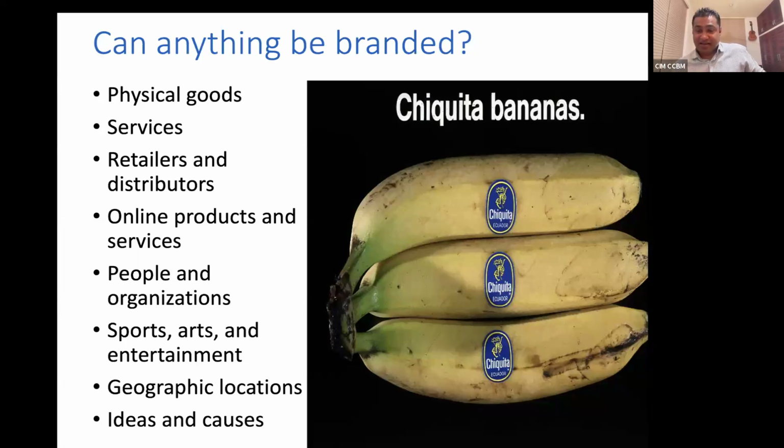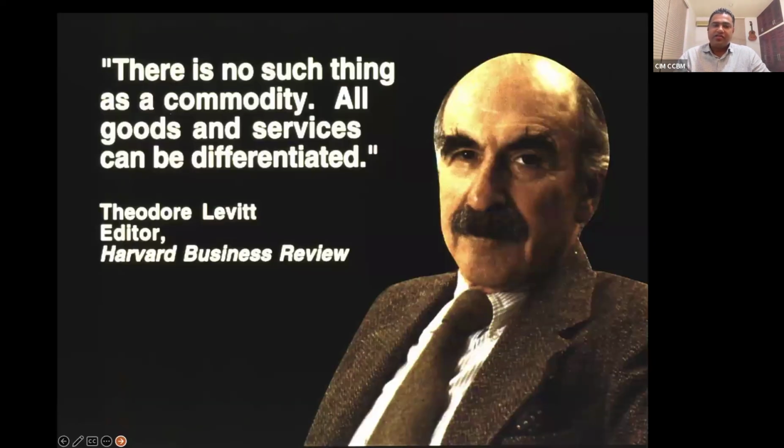Chiquita bananas are branded. In Sri Lanka, there are still a lot of products that are generics. Generics means they've not been branded. Example, coconuts in Sri Lanka. We have a coconut triangle in Sri Lanka, but we have not been able to brand the coconuts, right?